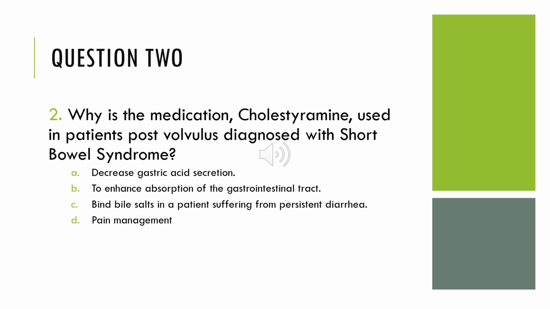Question 2. Why is the medication cholestyramine used in patients post-volvulus diagnosed with short bowel syndrome? A. To decrease gastric acid secretion. B. To enhance absorption of the gastrointestinal tract. C. To bind bile salts in a patient suffering from persistent diarrhea. Or D. Pain management.